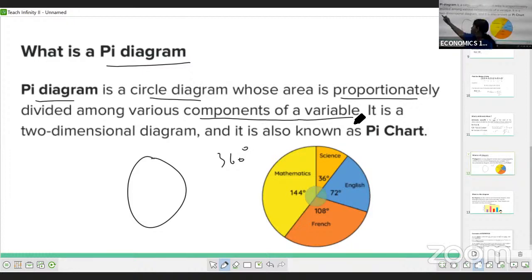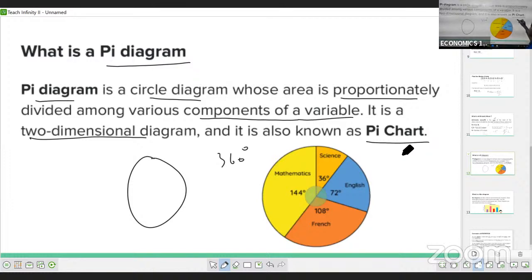This is a two-dimensional diagram. We have single-dimension and two-dimensional diagrams, and the pie diagram comes under two-dimensional diagrams. It is also known as a pie chart.